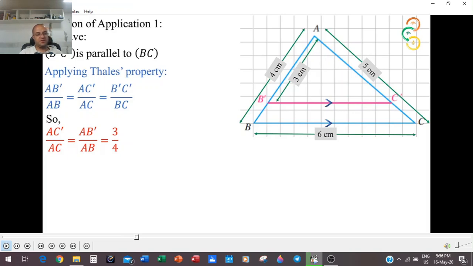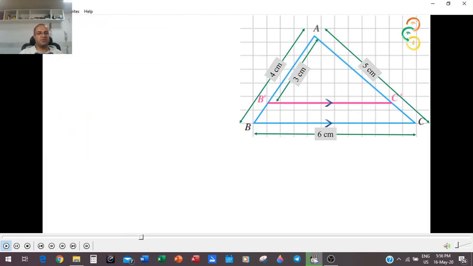Okay, this is the first required ratio, AC prime over AC, and it is calculated to be 3 over 4. Now it's required to calculate AC. On the figure, AC is 5. So instead of AC we put its value, 5, and since AC prime over AC equal 3 over 4, we get AC prime over 5 equal 3 over 4.